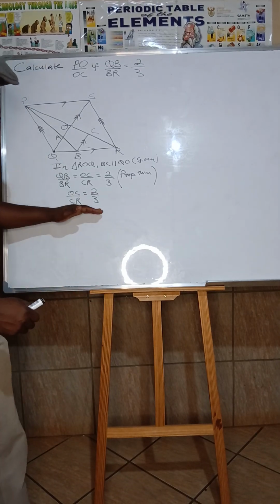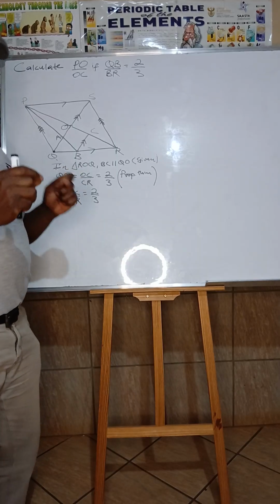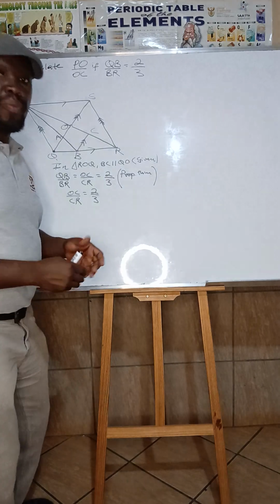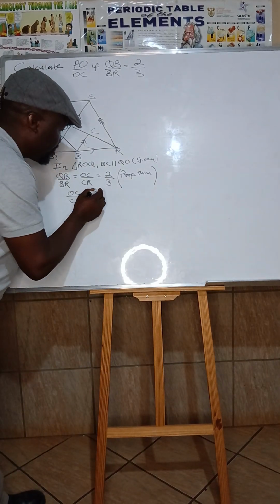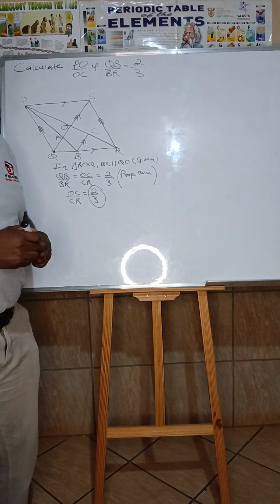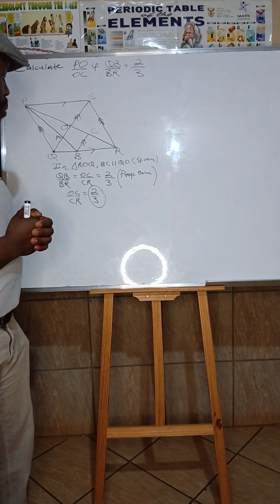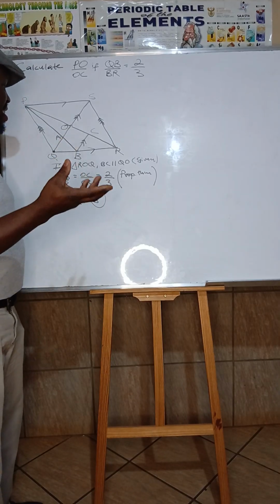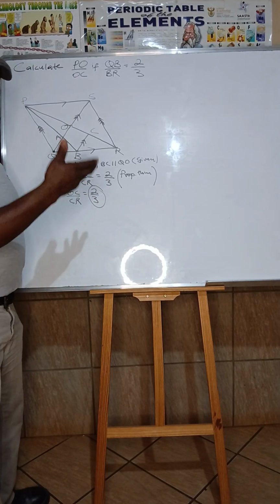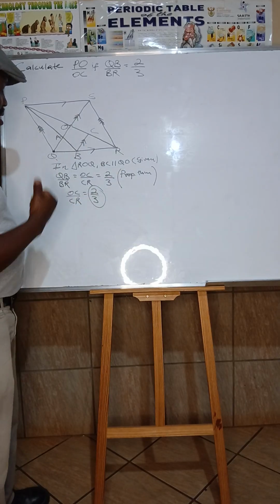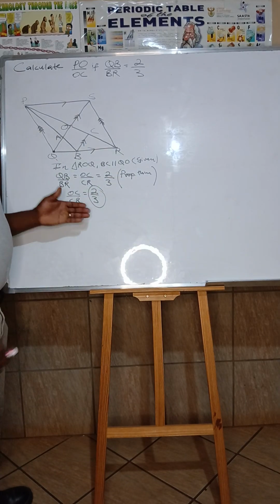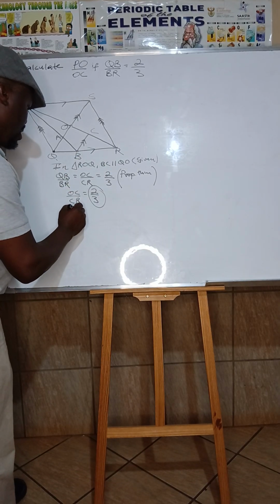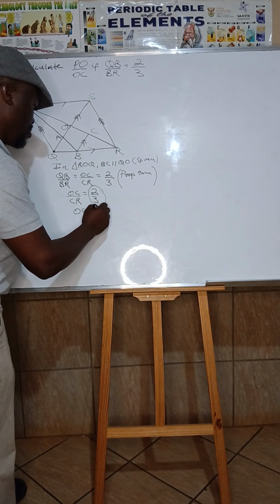Now, when you have something like this, it does not necessarily mean that OC is equal to 2 units, nor CR is equal to 3 units. As you can see, this fraction is expressed in its simplest form, meaning that the highest common factor has been taken out. That highest common factor could be 1, 2, 3, or some other natural number. So this tells us that OC is equal to 2A.